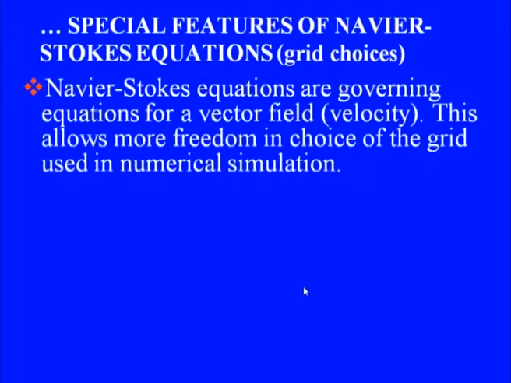Now, Navier-Stokes equations are governing equations for a vector field, and together with velocity, we have the energy equation, which is a transport equation for a scalar field. We have a scalar variable, pressure, involved in Navier-Stokes equations.